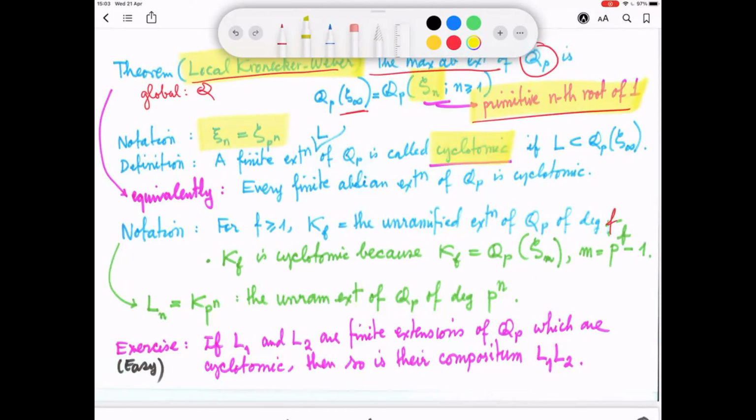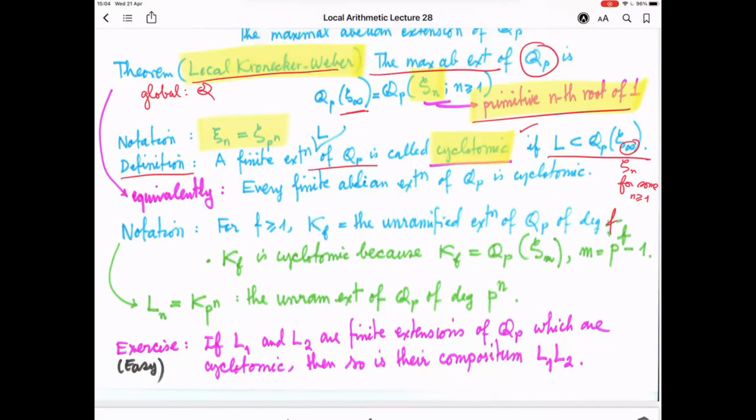So the definition is that a finite abelian extension L of Qp is called cyclotomic if it's contained in an extension obtained from Qp by adjoining zeta infinity, which means zeta n for some n. If L is contained in Qp(zeta n) for some n, then we say that L is a cyclotomic extension of Qp.